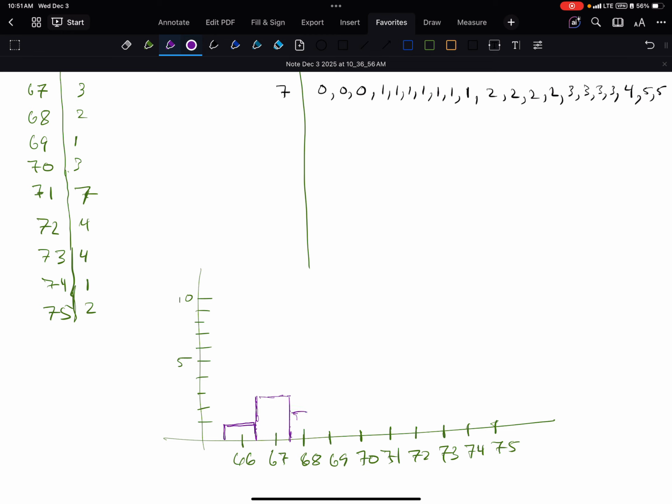And so I'm down to 2 there. Then 69 and back down at 1. 70, I'm all the way up to 3 again.